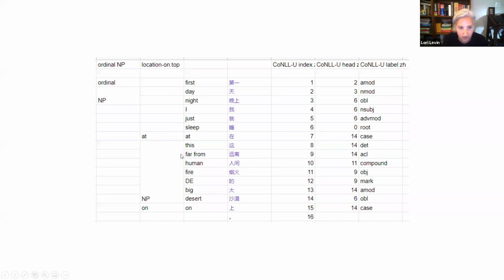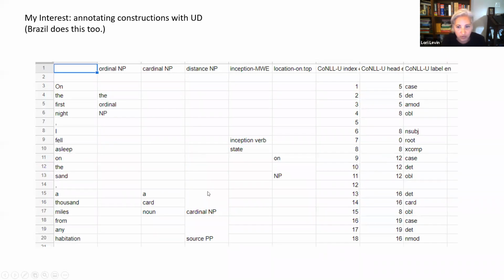And I think that whoever translated The Little Prince into Chinese didn't say 1,000 miles from any habitation, so we don't have a distance noun phrase. But I think the distance noun phrase construction is also different in Chinese.